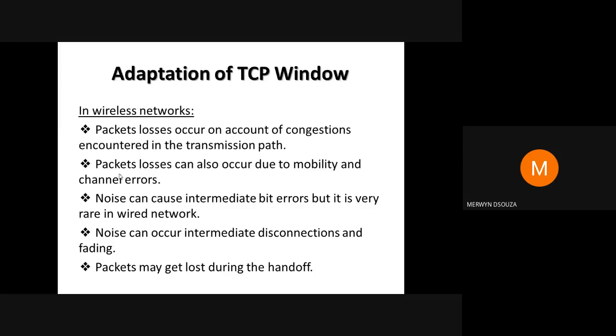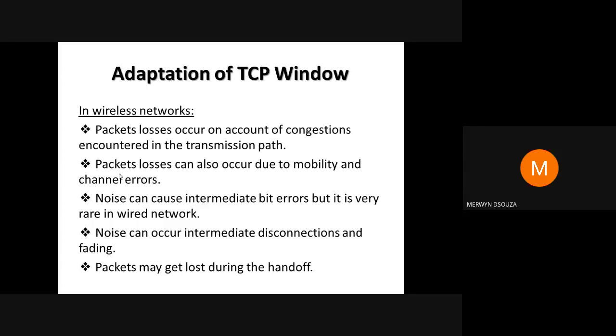One reason could be congestion, another could be no mobility, meaning you're not connected, or some errors or noise, or when your connection is being handed over from one tower to another tower.